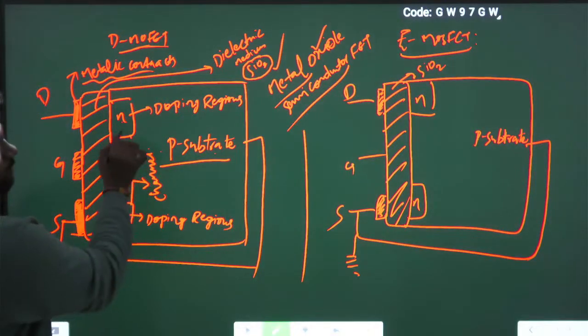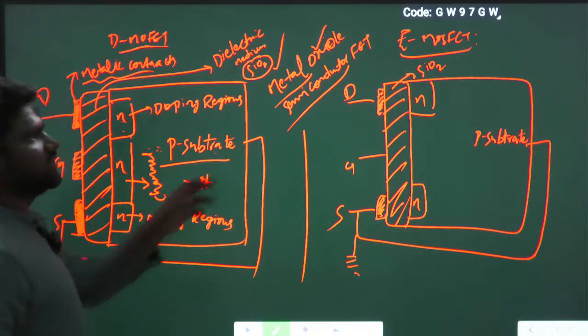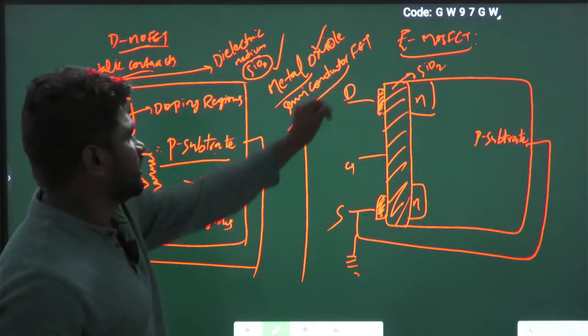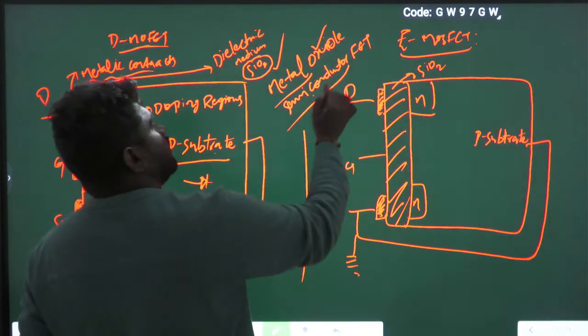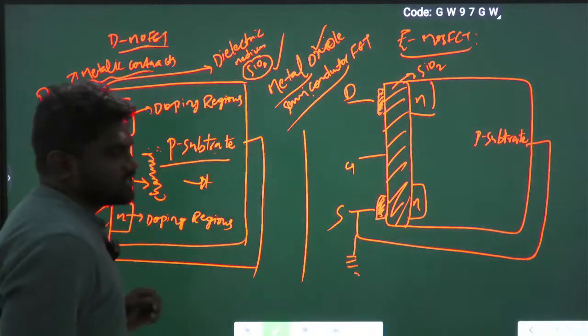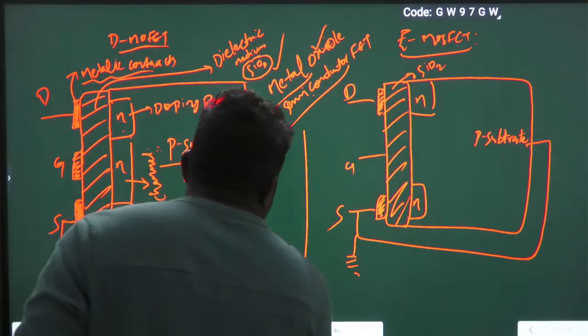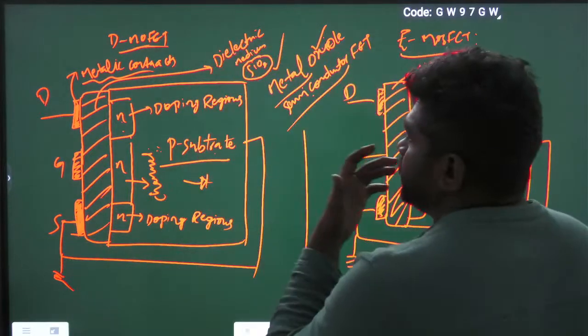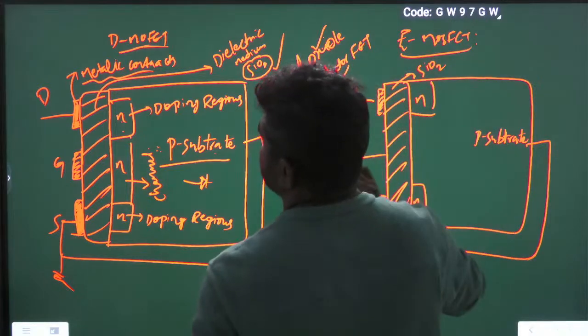So these N-type, P-type form one PN junction that is made with semiconductor, silicon or germanium. So this is called metal oxide semiconductor field effect transistor. We will discuss one by one, D-MOSFET and after that E-MOSFET.